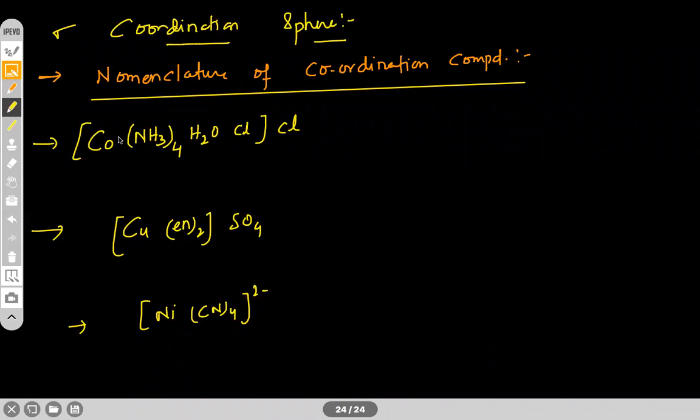Wait. We have three ligands here. This one is ammine, this one is aqua, and this one is chloro. So first we write the A ligands, right? So A and A: ammine, aqua. First we'll write ammine, alphabetically.